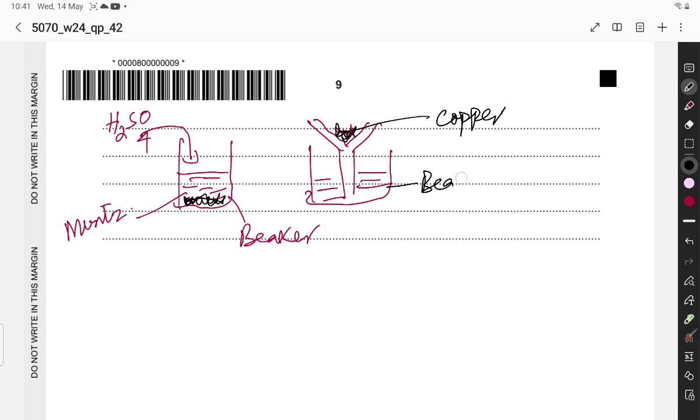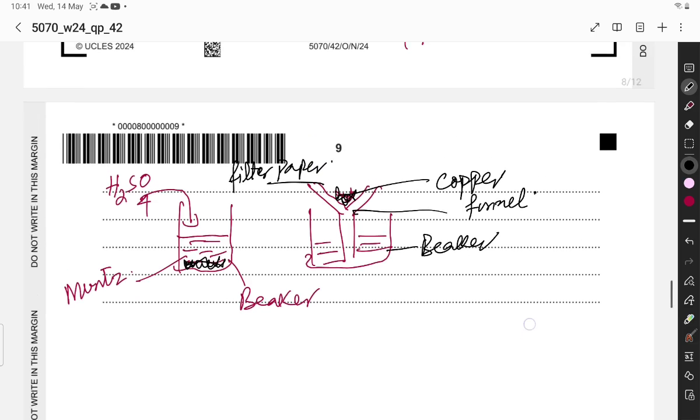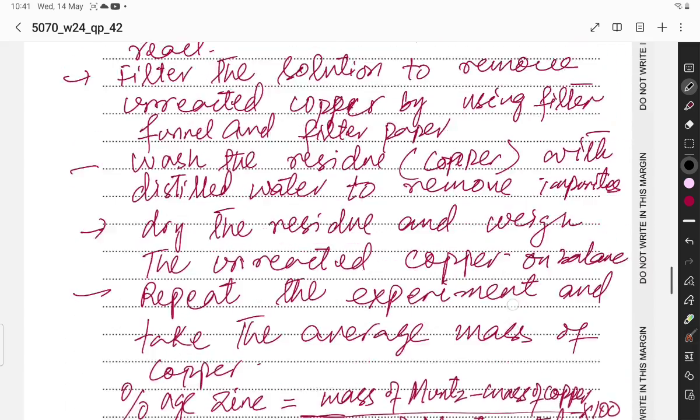This is the beaker, funnel, filter paper, so this is all about this paper.